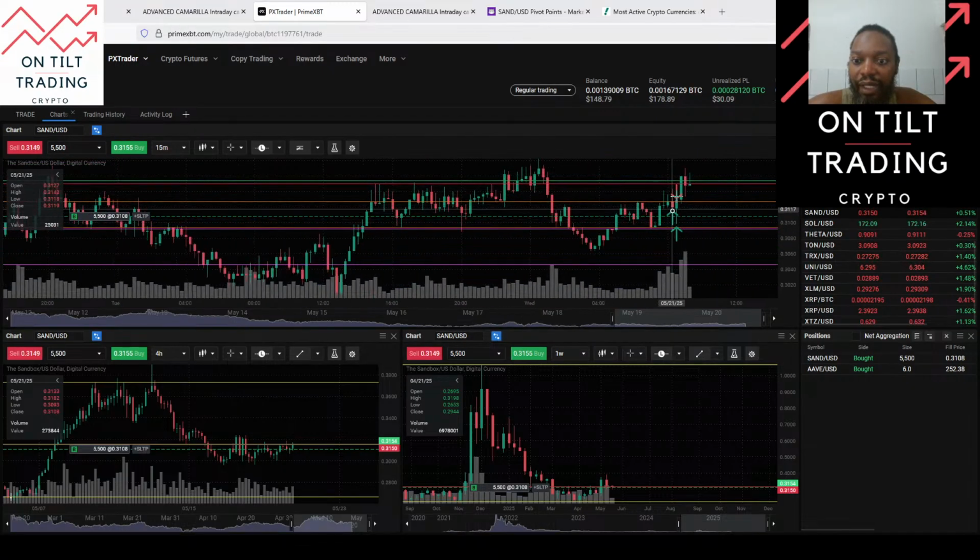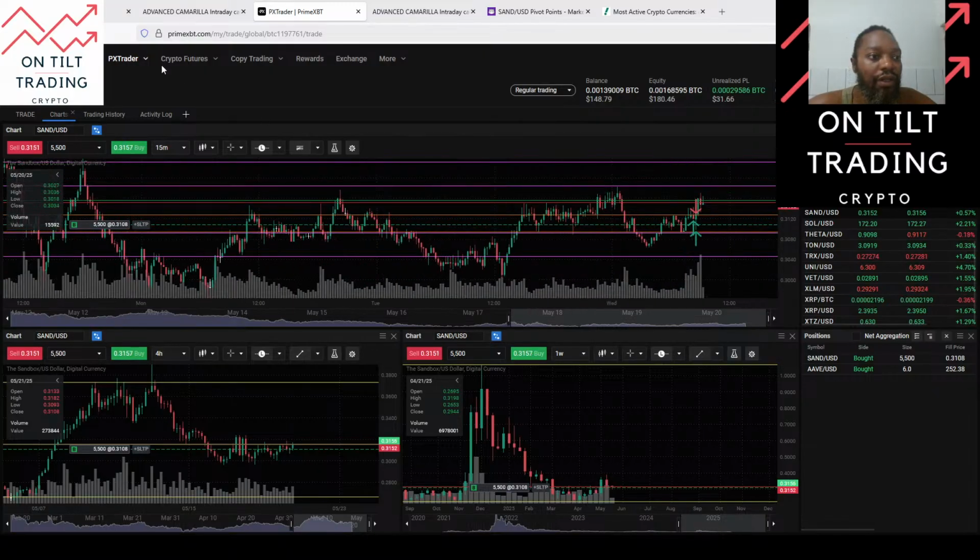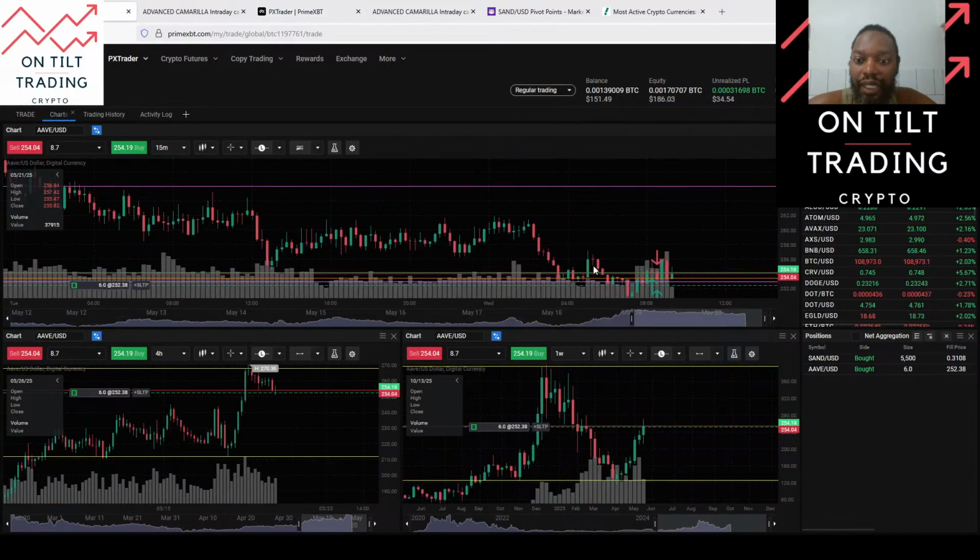You can see the buying has been stronger in Sandbox than it has been in AAVE. But here in AAVE, things can change really quickly. Both of these currency pairs have been kind of consolidating and not fully committing to the price action as far as in bullish price action. So we'll see today what buyers and sellers have in mind.